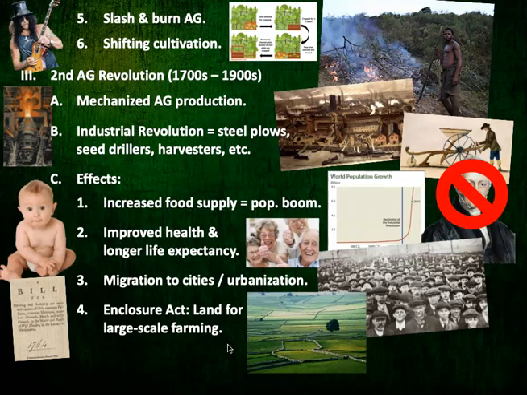Number 4 is a little bit more specific to England, but will also have its impact. In England, for centuries, they had these areas called commons. And commons were these big tracts of land that really didn't technically belong to anyone, and so anyone could farm on them. A lot of times the people farming on them were very poor people who couldn't afford to own their own land.